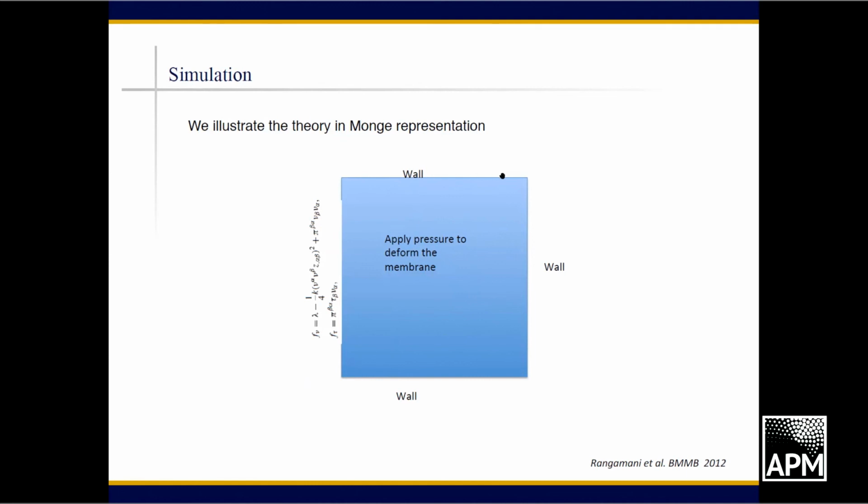We'll have impenetrable walls here, 3 of them, where we clamp the bilayer, so it has 0 slope as it deforms, and also no velocity, so we'll have no slip boundary conditions here. On this remaining edge here, we'll prescribe traction, which has the effect of facilitating a flow of lipids into the computational domain from the exterior.